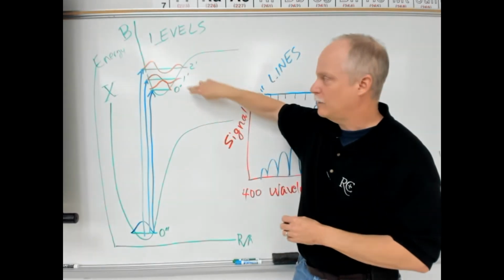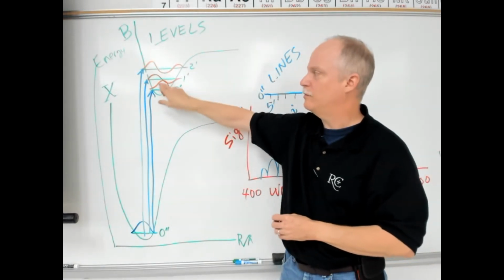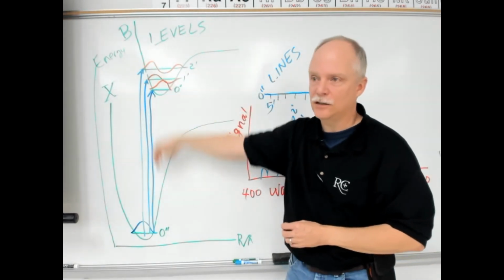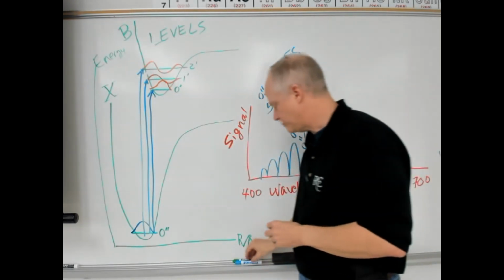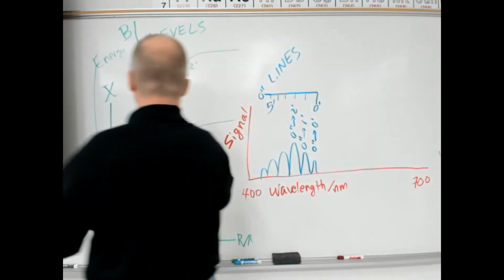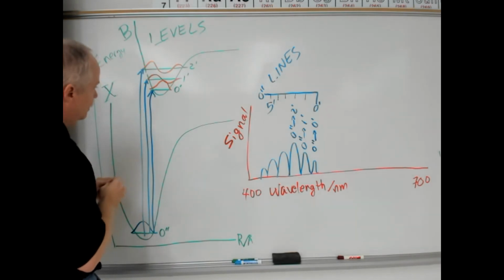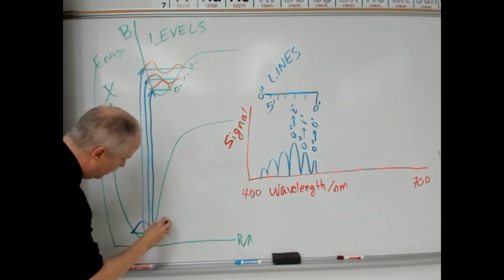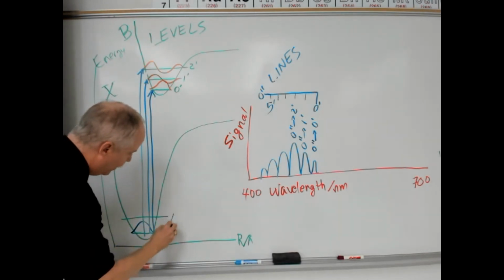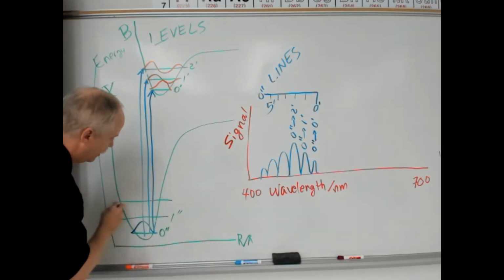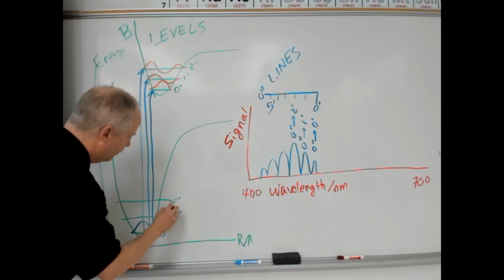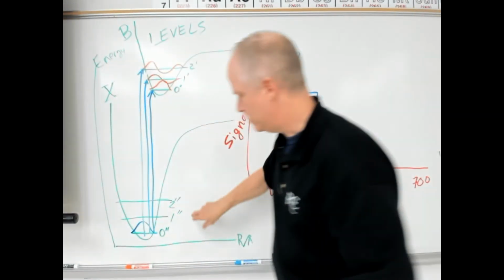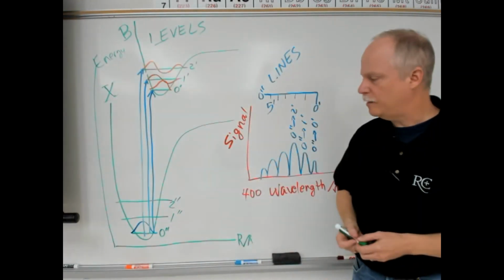So they collect right here where that orange wave function is, and then it starts to emit. Now, let's draw these arrows in zero. So go ahead and put a 1 double prime and a 2 double prime on here.